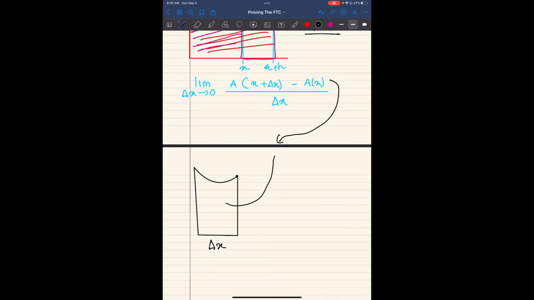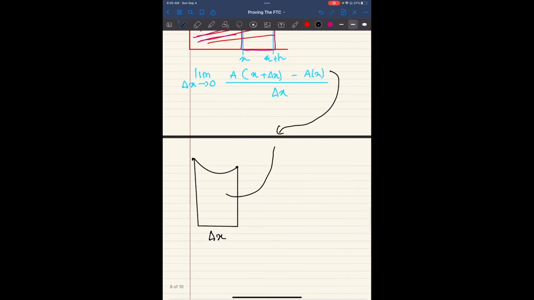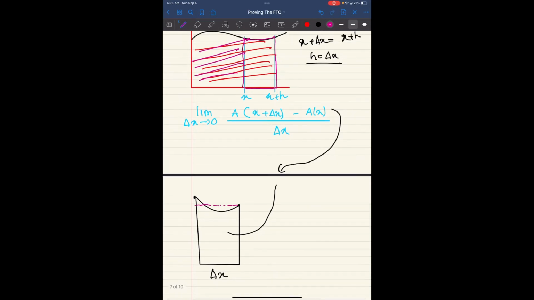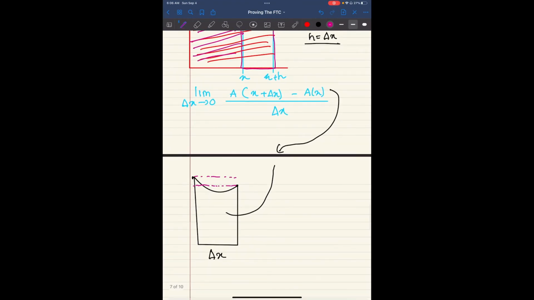So if we draw a rectangle to show the area of this shape over here, let's say we have a rectangle of height f of x plus delta x. It's clearly seen that the rectangle is too small and does not depict the area properly. But if we use the height at f of x, it's too huge. So we need a point between x and x plus delta x.